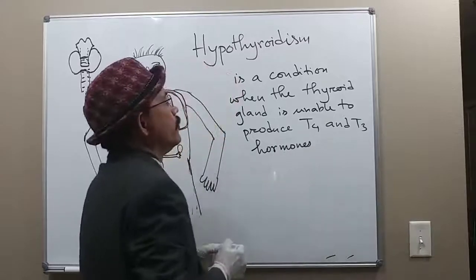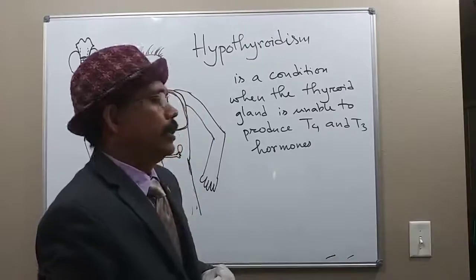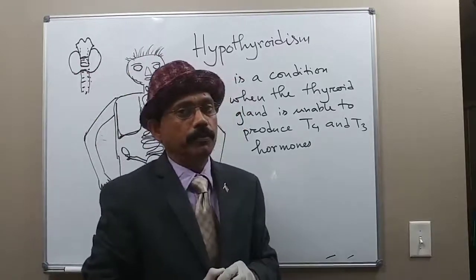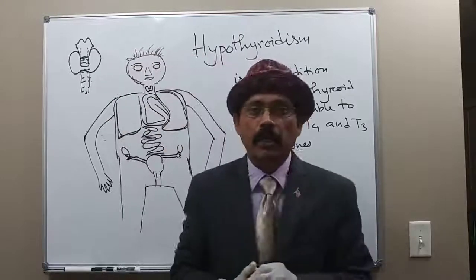Okay, so it is a condition when the thyroid gland is unable to produce an adequate amount of T4 and T3 hormones. Where is the thyroid gland?